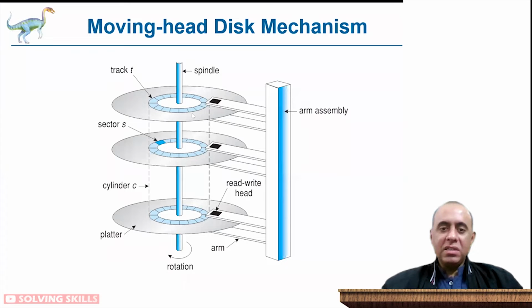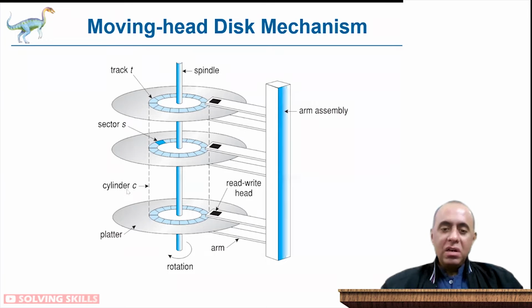These are called tracks, and this is a head which reads the surface of this magnetic disk from the upper side and from the lower side, and you can have multiple platters in one disk as well across this spindle, and the divisions inside this track are called sectors.